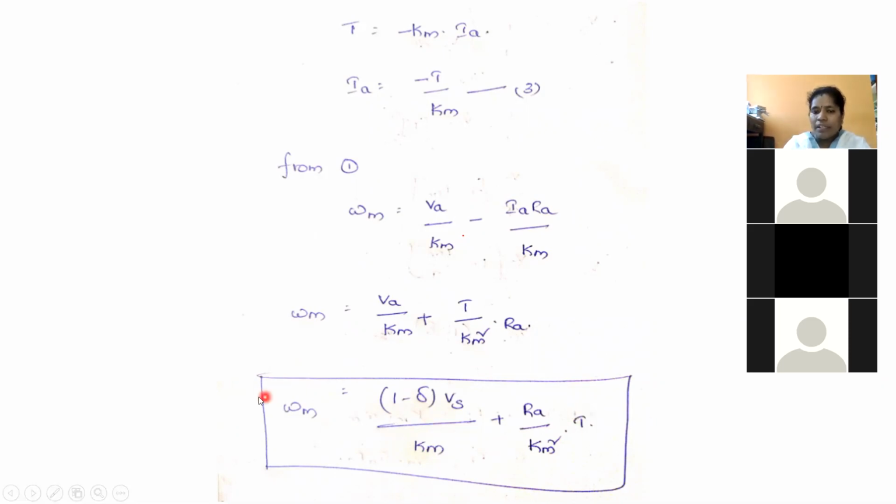Whenever you are observing the complete expression, it is in terms of Vs, which is constant, Km, the motor constant, which is also a constant, Ra, a fixed value, torque, which is going to change, and duty cycle delta. That means up to now we are saying that there are two parameters.